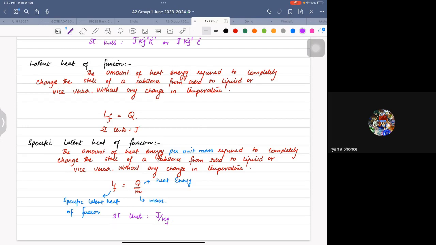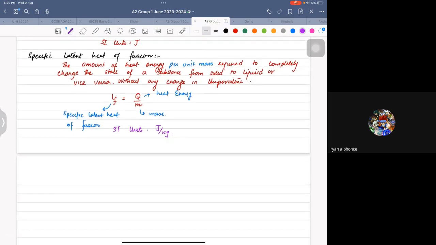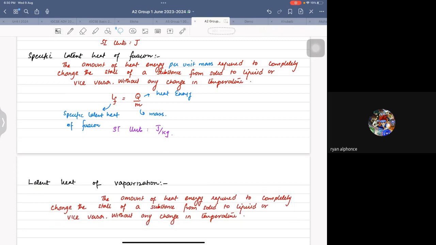Okay, now let's look at the next one, which is called latent heat of vaporization. It's basically the same definition as the first one.